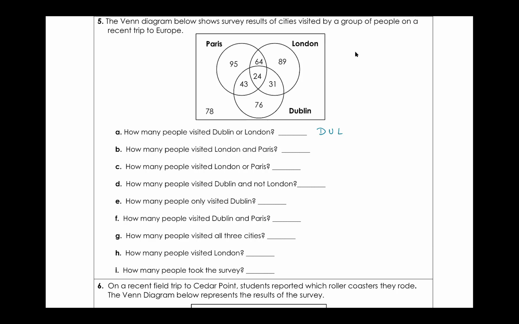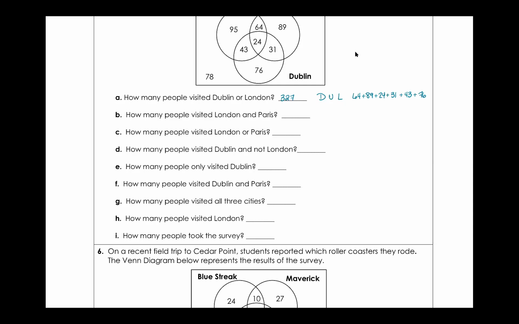So that would include all the people that went to London, 64, 89, 24, 31, and the people that only went to Dublin, 43 and 76. And our total is 327.